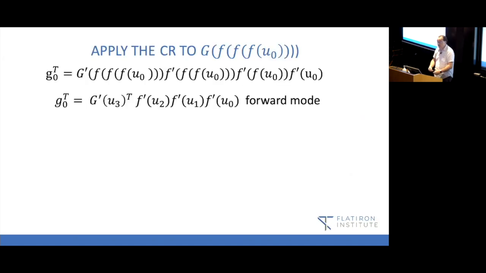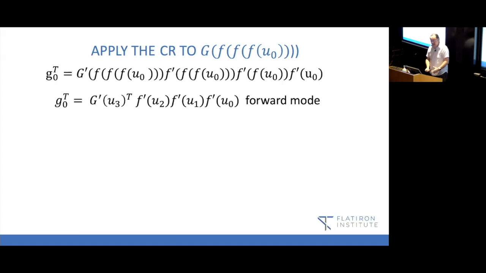So let's go through the completely naive thing to do. Let's just say we have a function that we're evaluating 3 times, so it may be 3 steps of an ODE integrator, something simple like Euler, or something more complicated like 4-stage Runge-Kutta. Almost anything can go in there. And I want to find the gradient for that. So I just use the chain rule, and as written, it looks pretty simple.